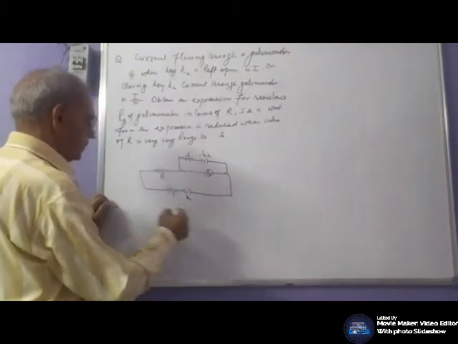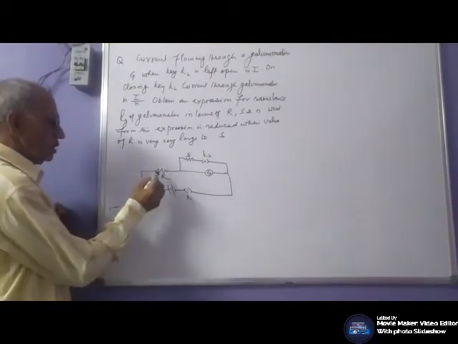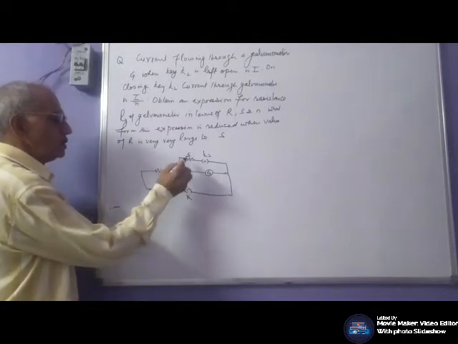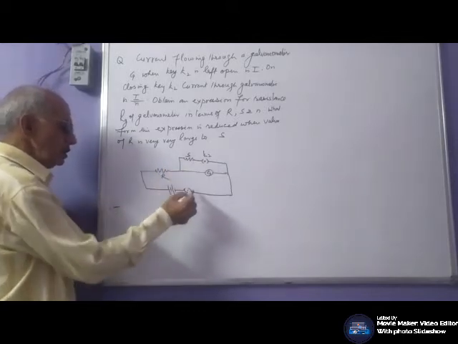This is a circuit. This is a resistance. This is a galvanometer. This is a shunt, keys, battery.